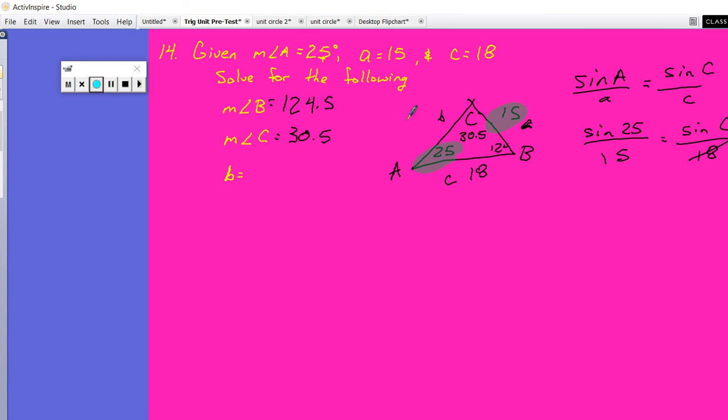So now to find missing side B, I go little b over the sine of its angle, which is 124.5, equals either one of these relationships. I'm just going to use A because it's highlighted. 15 over sine of 25. So now I'm going to go 15 times sine of 124.5 and divide it by sine of 25.